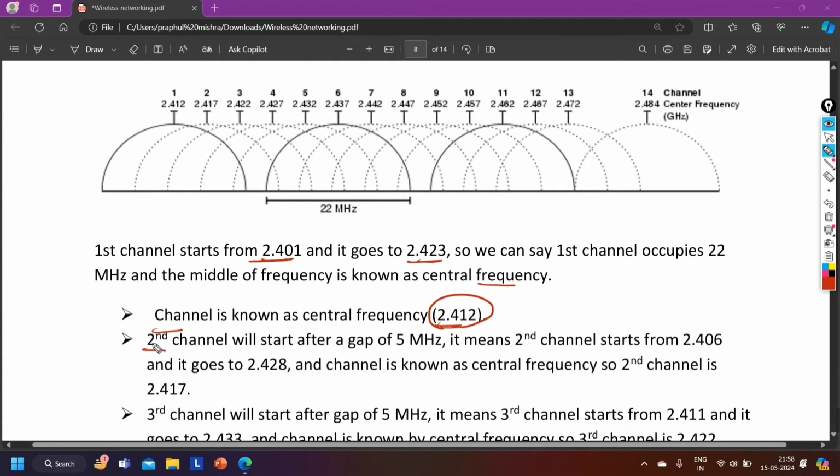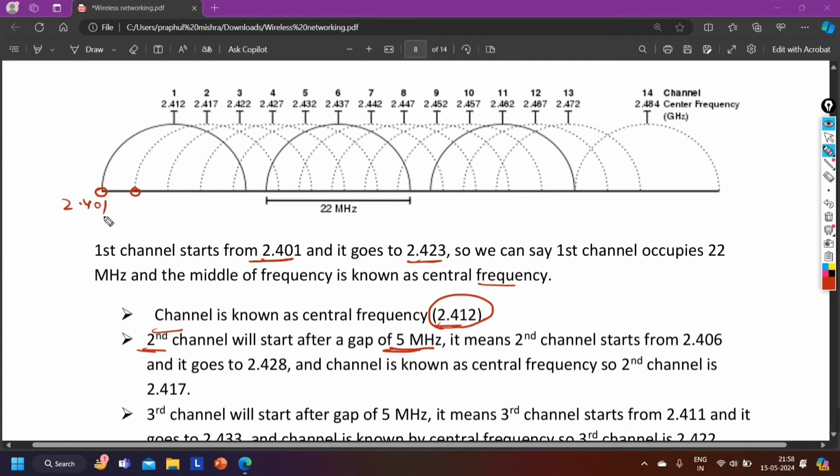In the same way, second channel will start after gap of 5 megahertz, right? So you tell me, if first channel starts from 2.401, then second channel will start from what frequency? Second channel will start after the gap of 5 megahertz.